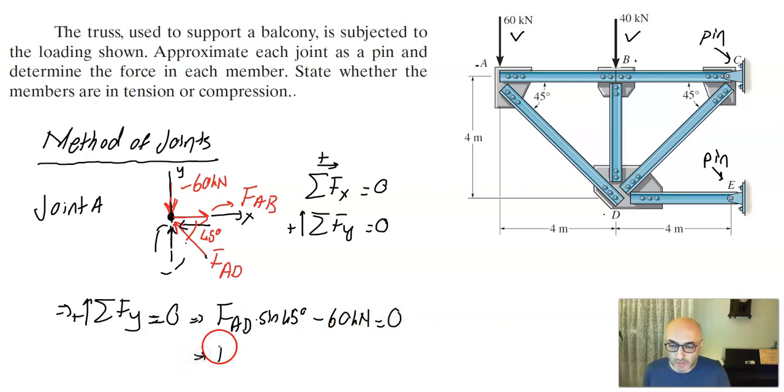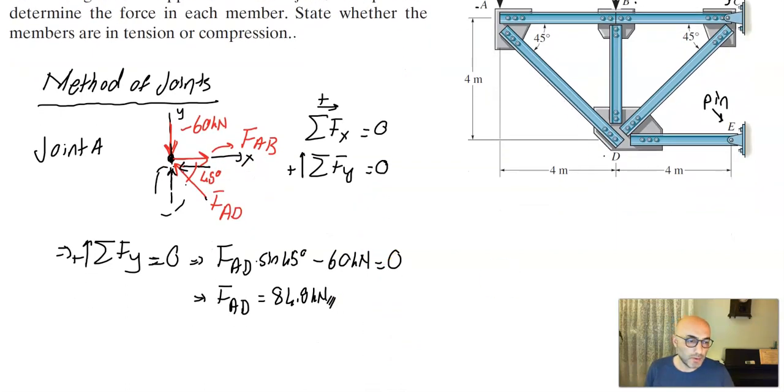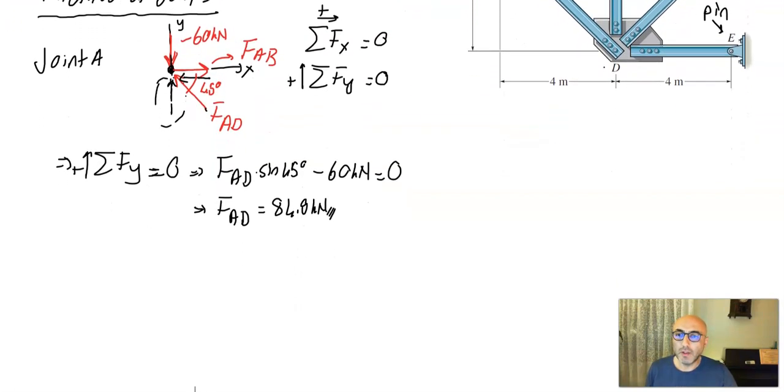Using this equation, we can find FAD, and that is equal to 84.9 kilonewton. Based on that finding, we can now write the sum of the forces in the x direction equal to 0.